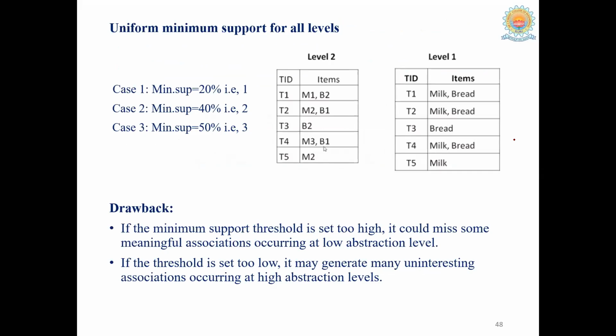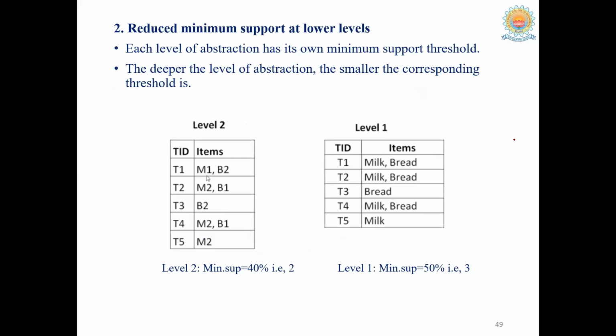If the support threshold is too low, many uninteresting rules are extracted from the higher level of abstraction. So that balance should be maintained, and this is the drawback of giving uniform minimum support for all the levels. And coming to the next one, reduced minimum support at lower levels.